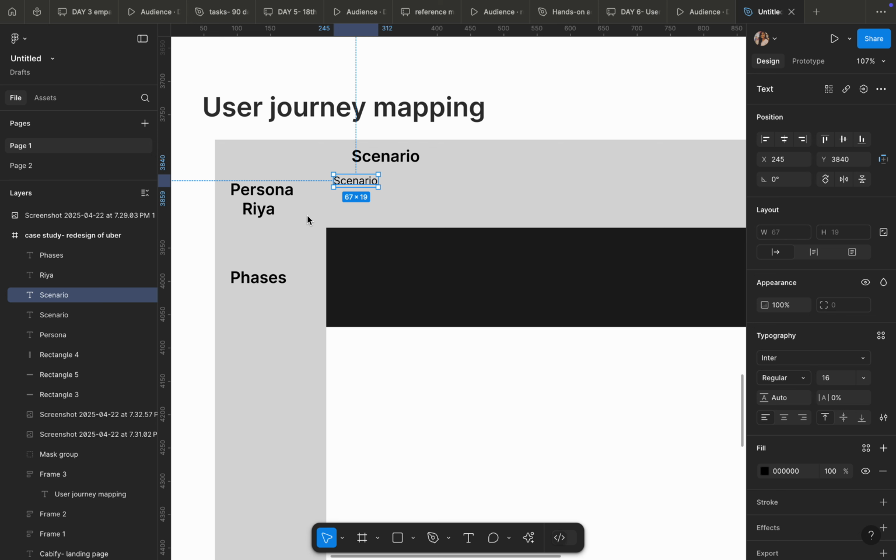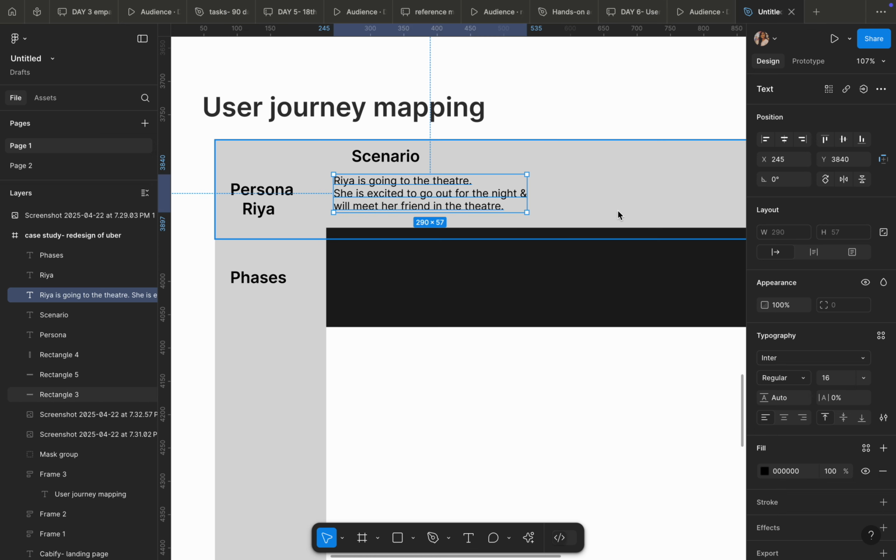That is the scenario. Okay, this is the scenario.